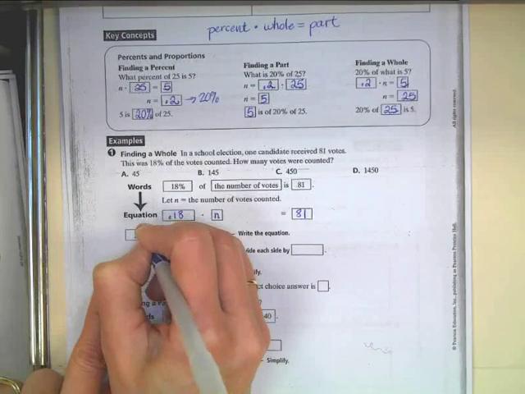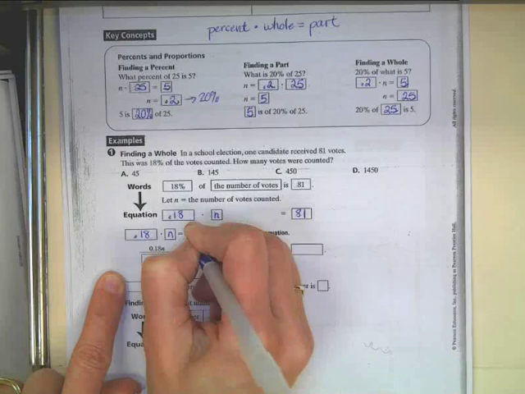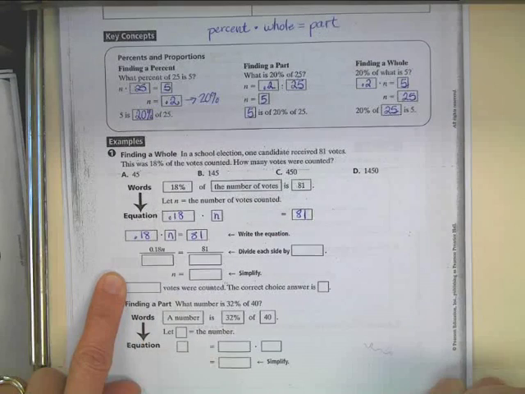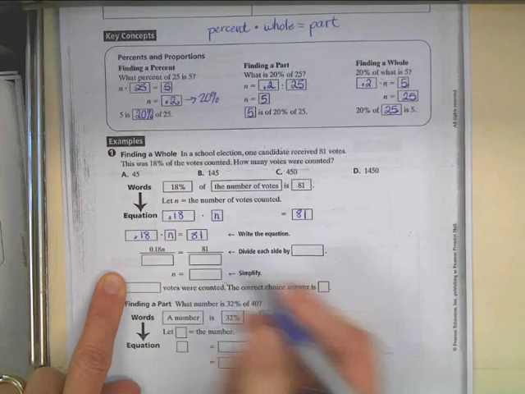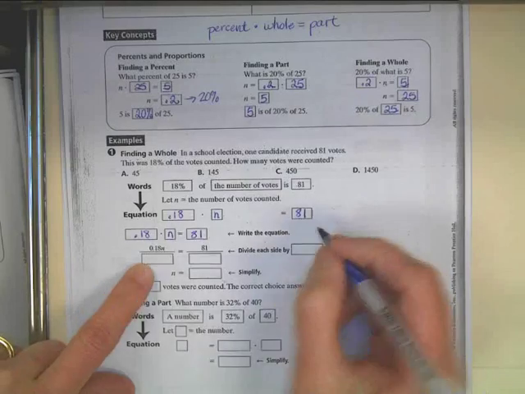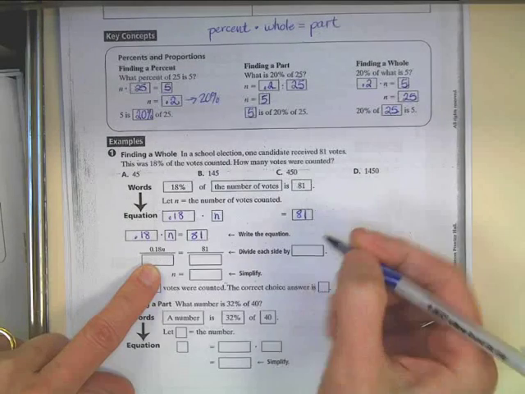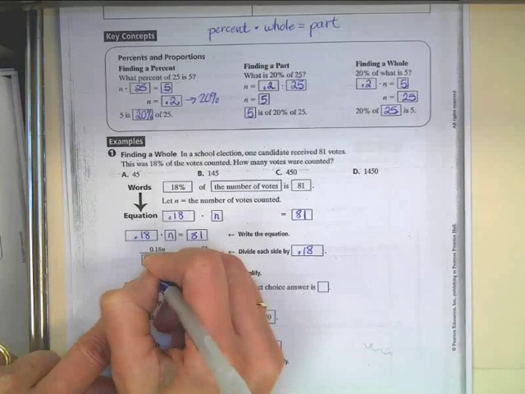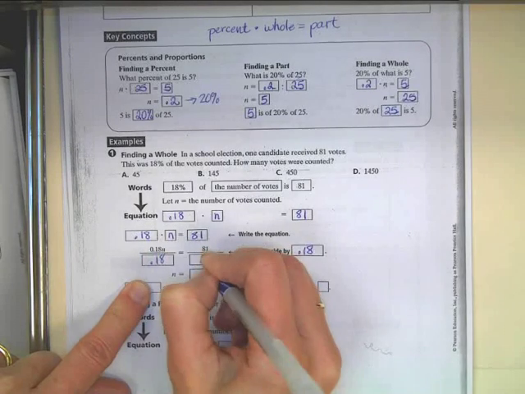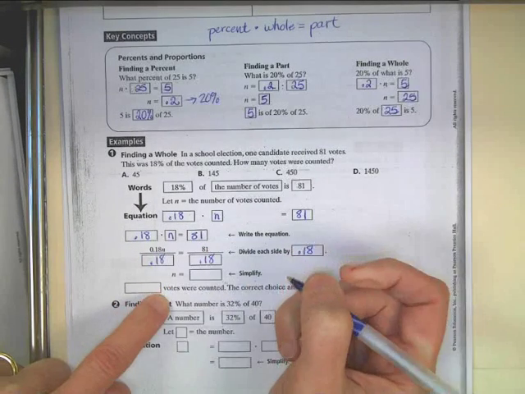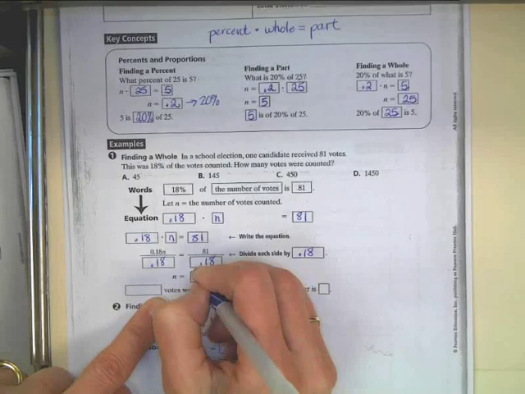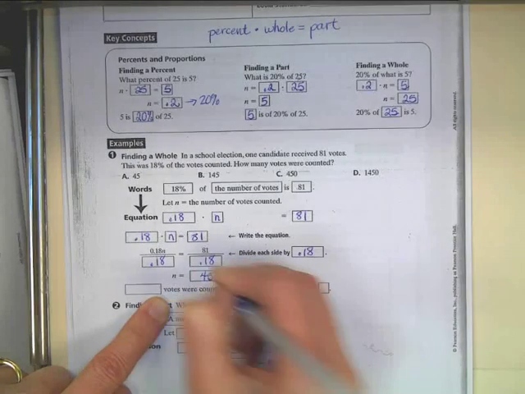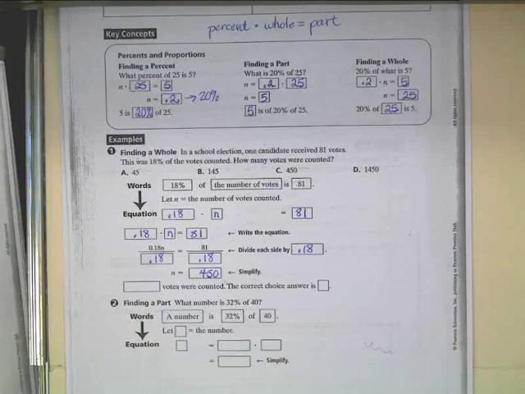And I'm just going to rewrite it here. I get 0.18n equals 81. I'm going to divide each side by 0.18. And you'll need a calculator for that because, you know, you could do it otherwise, but it's kind of time consuming.